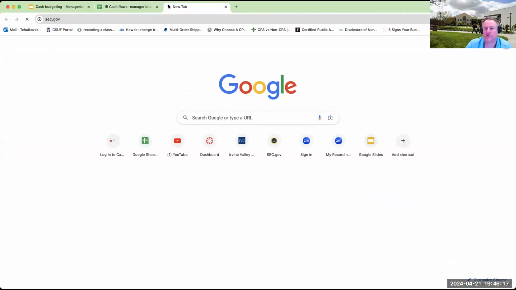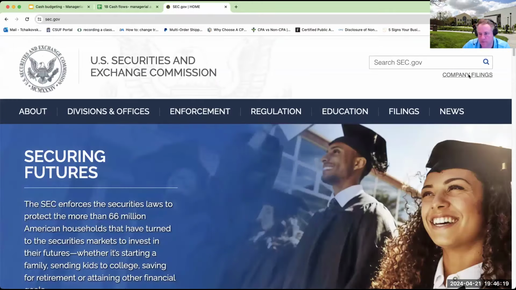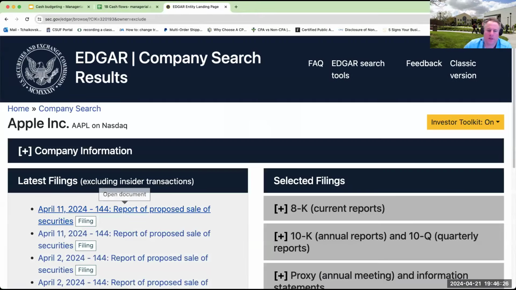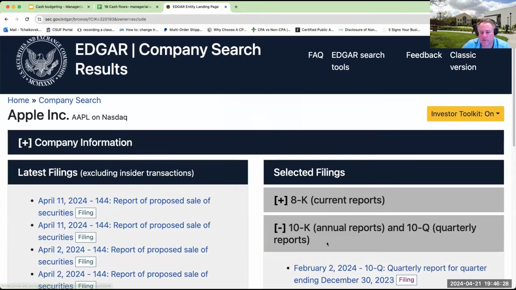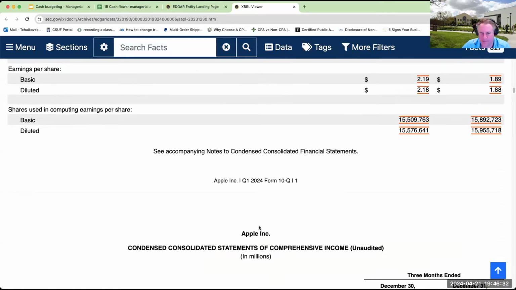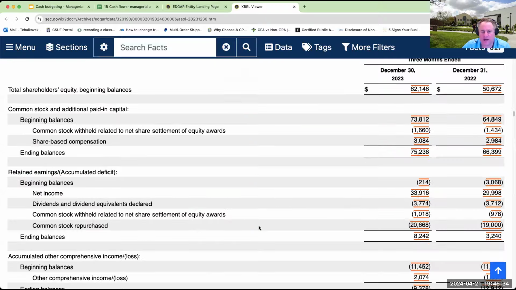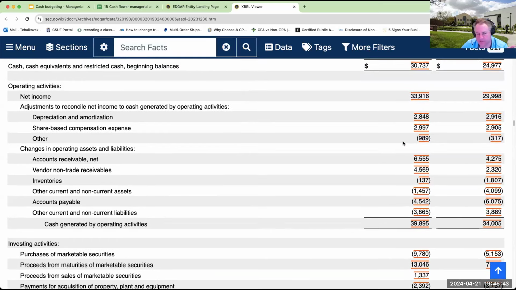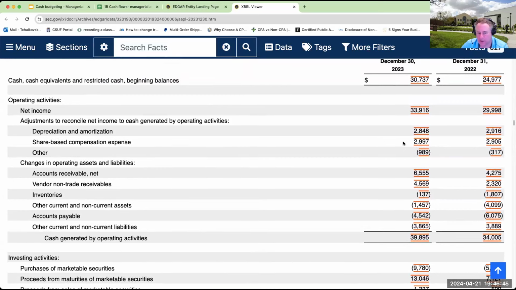In a traditional sense, what the cash flow is telling an investor is really about, we'll just pull up a quarterly report. When we look here at Apple and we go to the statement of cash flows, what the cash flows really tell us are the non-cash items that are included in net income.